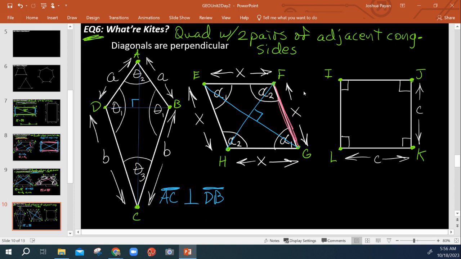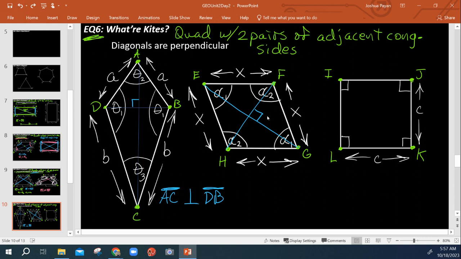And these two sides are adjacent and congruent. So we have two pairs of adjacent congruent sides, right? And we also see that all four of these side lengths are the same length. So EF, EH, FG, and HG, they're all the same length.